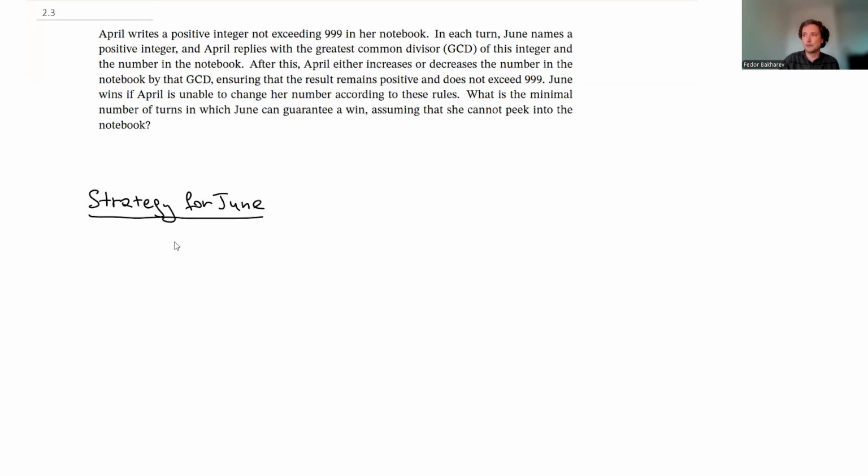999. So for example, always say 999 factorial, the product of all these numbers. Then if April has number n, then the greatest common divisor of n and 999 factorial will be n, and thus since April can't subtract this n, she should add this, and thus she has to make a new number which is equal to 2n.